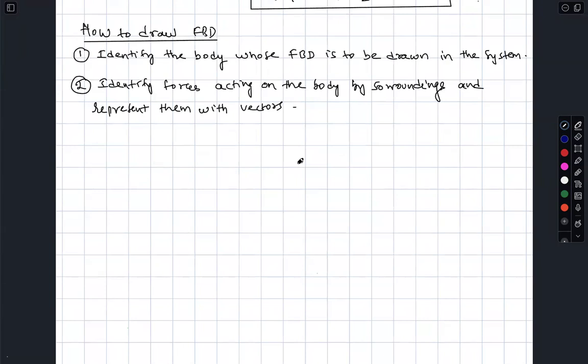The third point, represent it as a block or point.